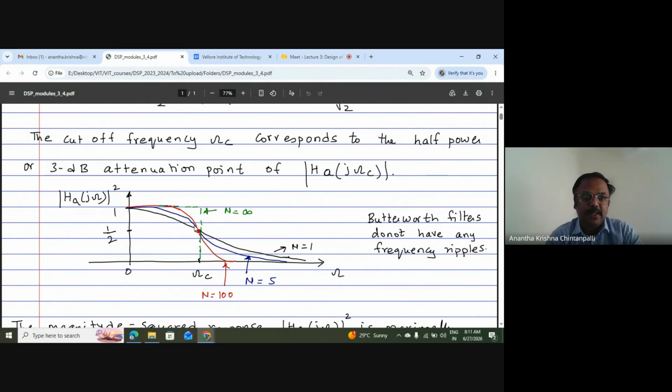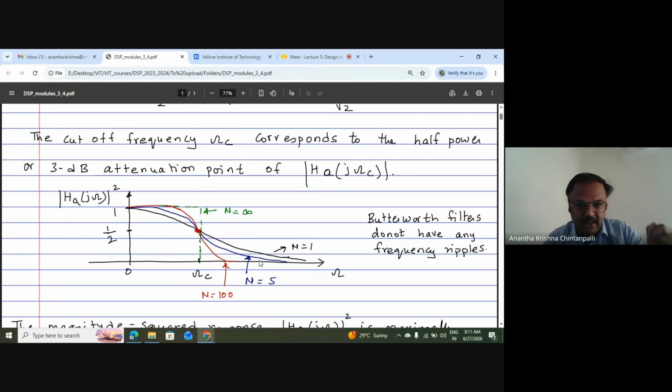Afterwards, what you can see is that if you take n equal to 1, which is a lower filter order, the response looks like this. As opposed to when you take n equal to 100, the slope is a lot sharper.